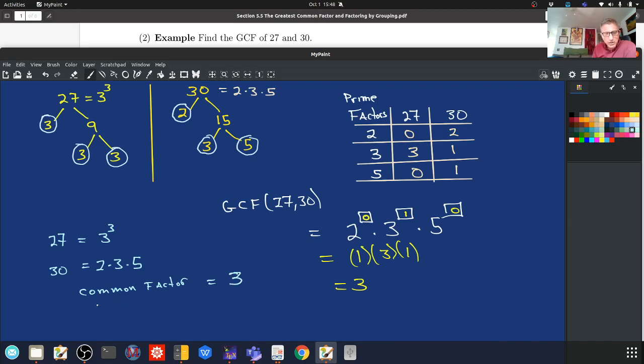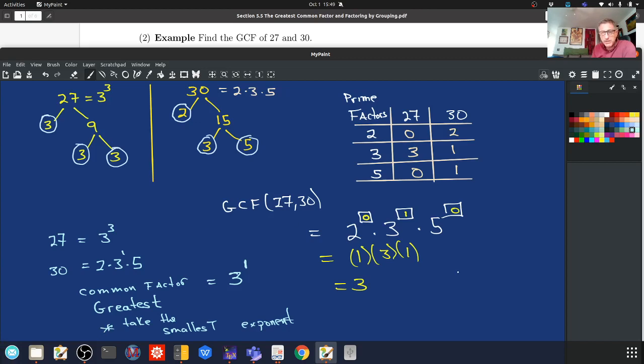And here is where this method causes confusion. To get the greatest common factor, you take the smallest exponent. And that's where so many people go astray.